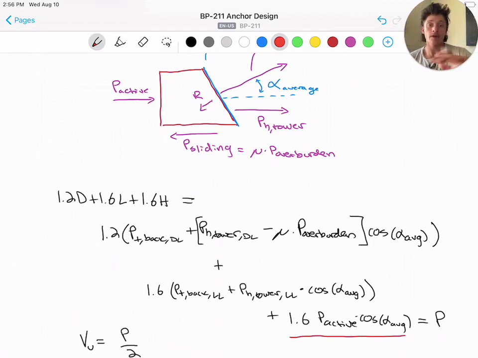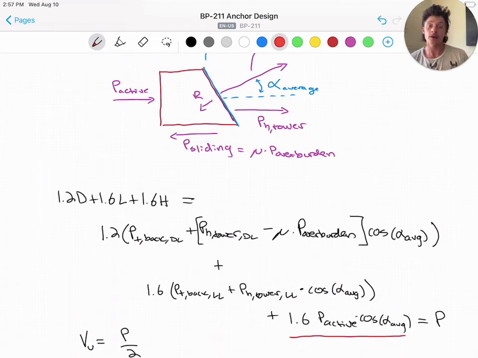So we won't go through that whole process again in the interest of time, but I will say remember to include the pH tower term as well, and this equation should be the same as what we use in the anchor sliding analysis. And remember not to double count, like I said before, the dead load when you're evaluating the live loads too. The live load, although sometimes referred to as a live load, we're really talking about the total load in a lot of those other sections.